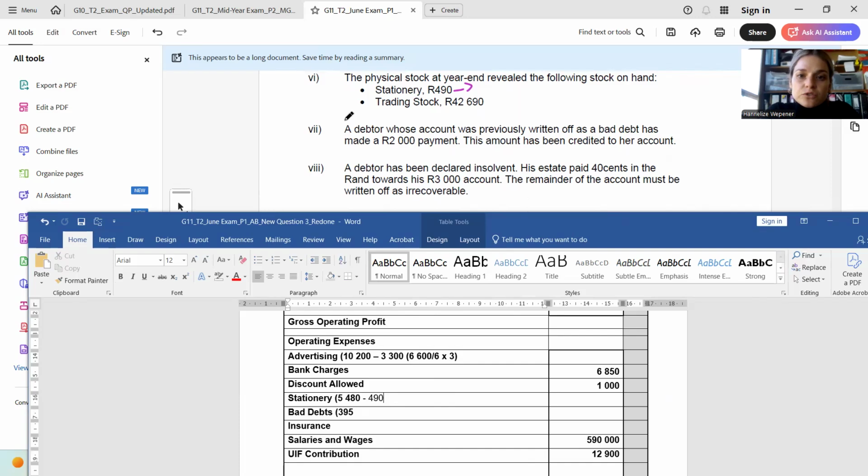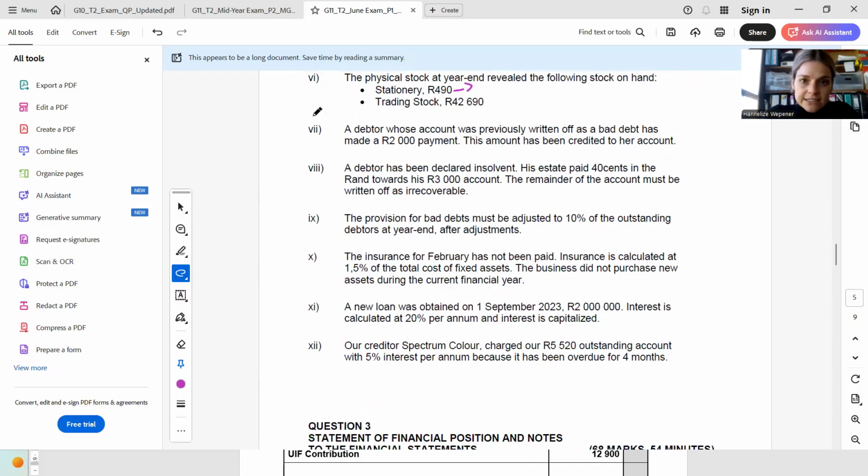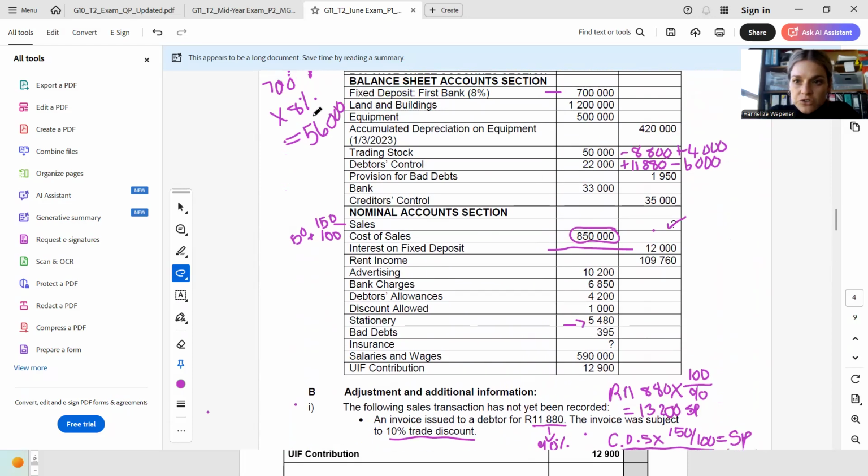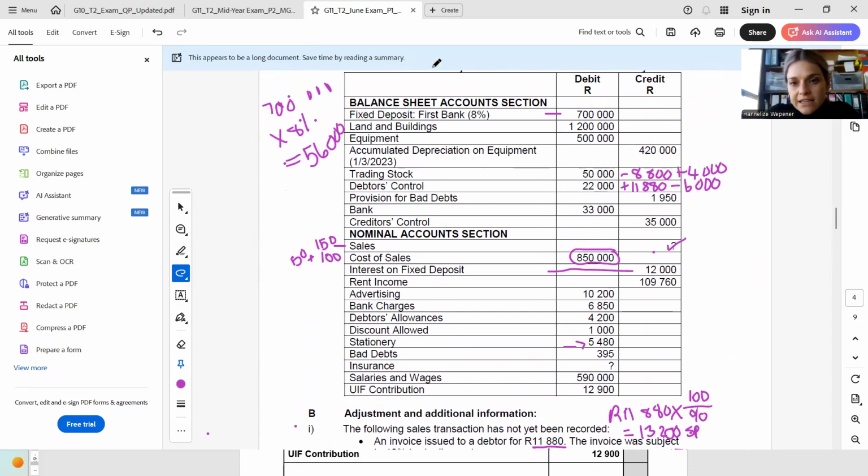Trading stock is 42,690, which means that I now first need to calculate what my trading stock is after taking into account all of the adjustments. So I started with 50,000 minus that sale that I forgot about, plus the debtor that returned the goods. So I am on 45,200. So that is now according to my books after the adjustments.